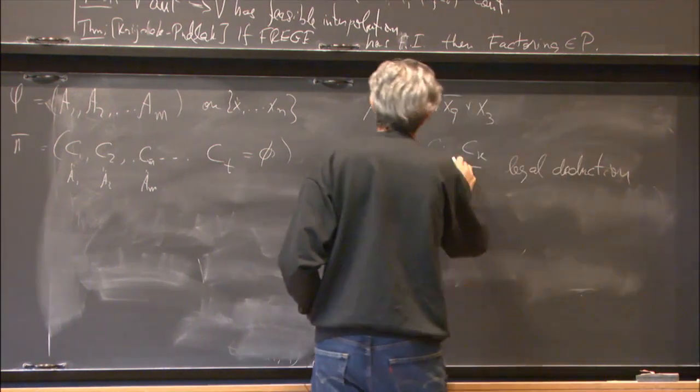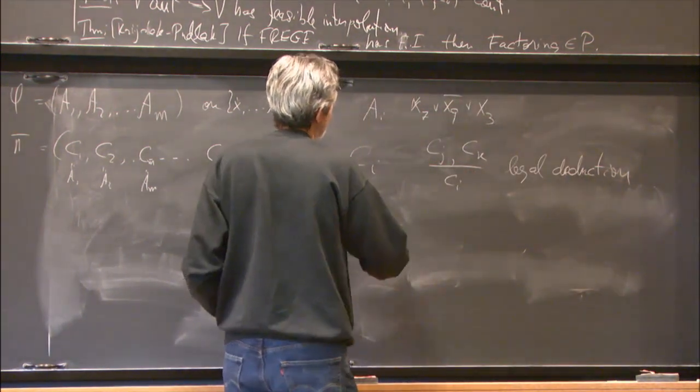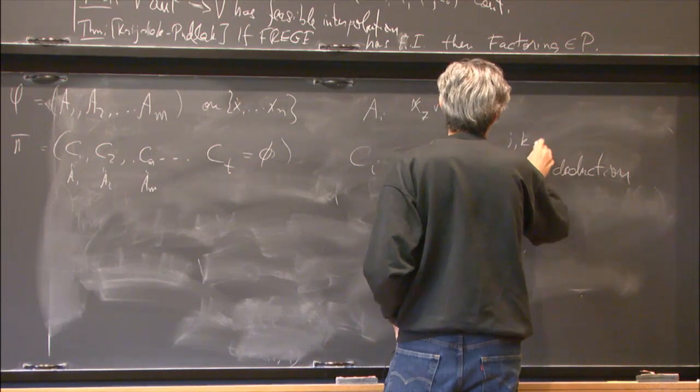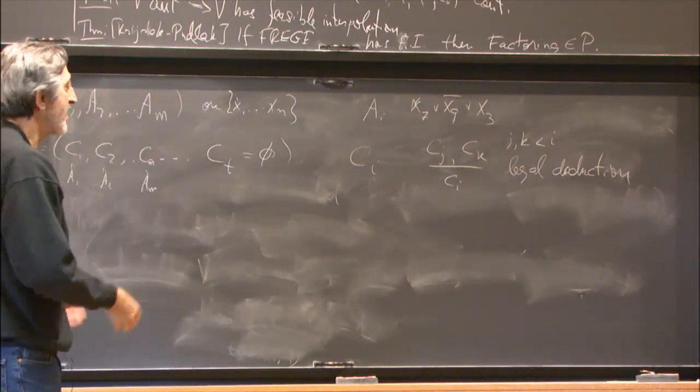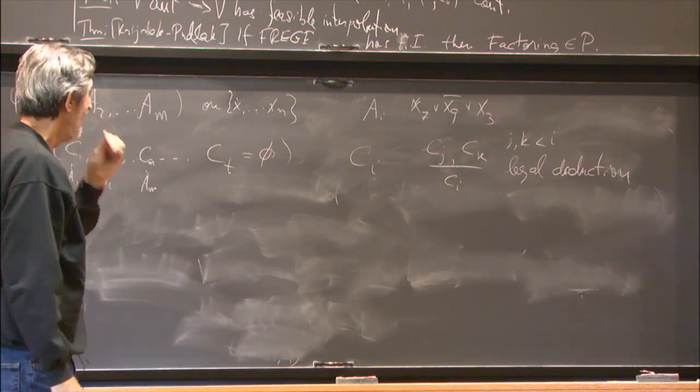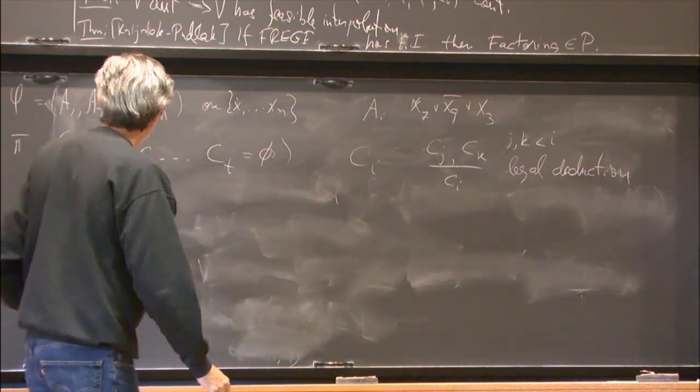This is in general for proof systems that we look at, and of course j and k are less than i. So you deduce from previous formulas, two or five or something like that. And what is the rule? What is the resolution rule?